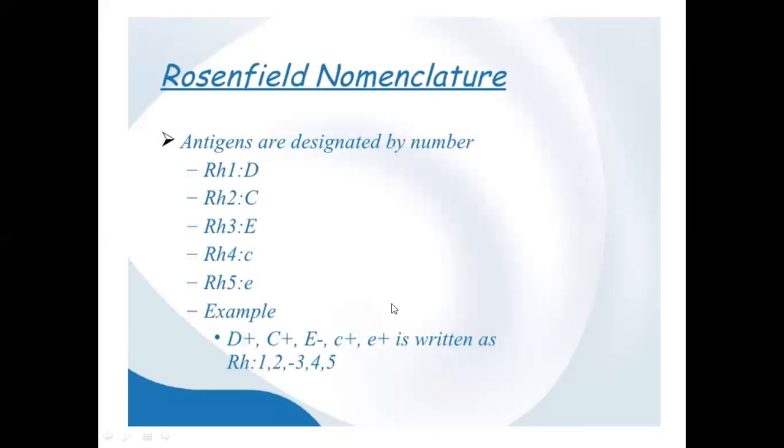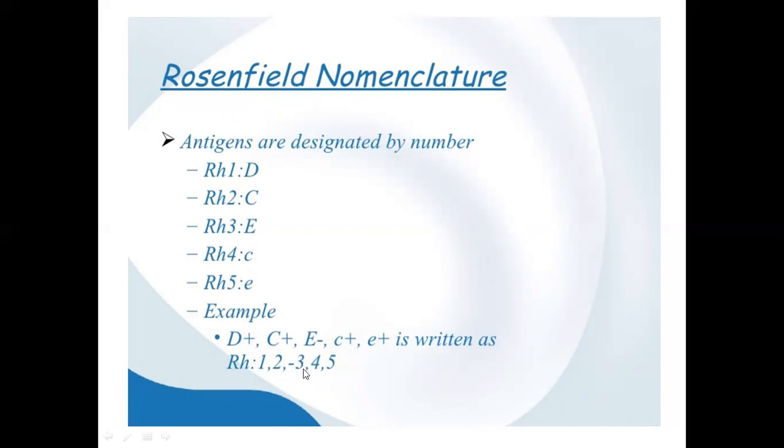Antigens are designated by number, where uppercase D would be 1, uppercase C would be 2, uppercase E would be 3, lowercase c would be 4, lowercase e would be 5. Okay. We have an example. D positive, uppercase C positive, uppercase E negative, lowercase c positive, lowercase e positive.